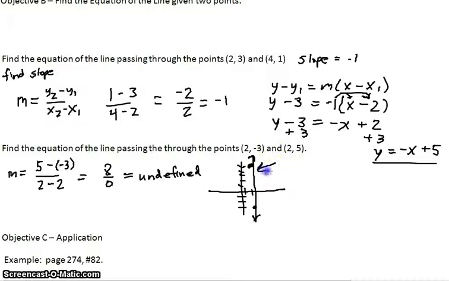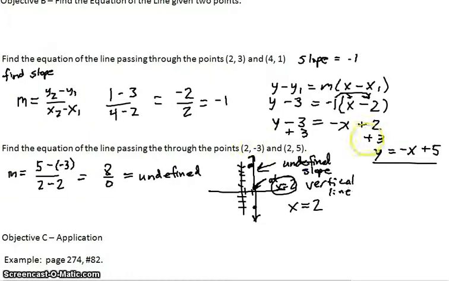So this is an example with an undefined slope of a vertical line. Now, when we talked about this in a previous section, a vertical line is defined by where it intercepts the x-axis. This intercepts the x-axis at x equals 2. So the equation for this line is just x equals 2.